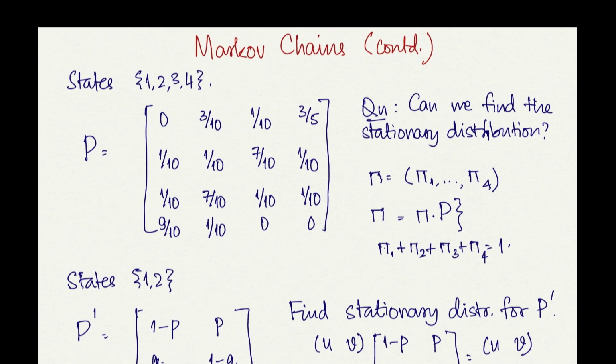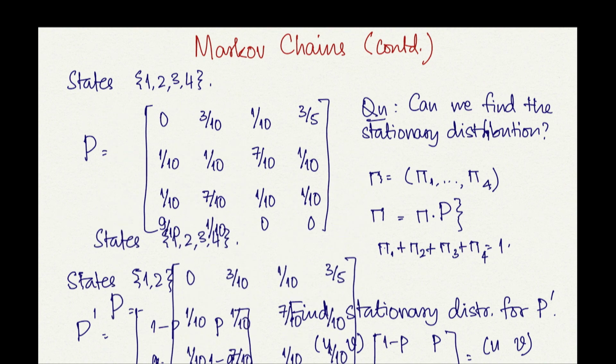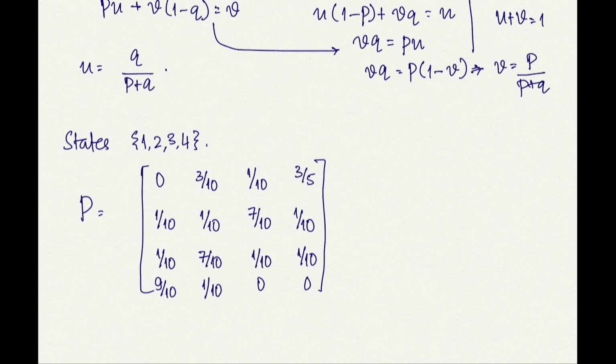Similarly, we'll look at this case. So can we go through the equations? Let's say my unknowns are pi 1, pi 2, pi 3 and pi 4.